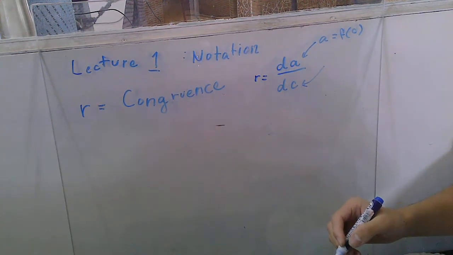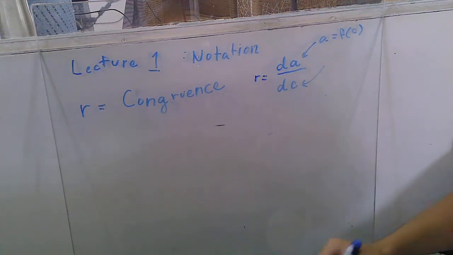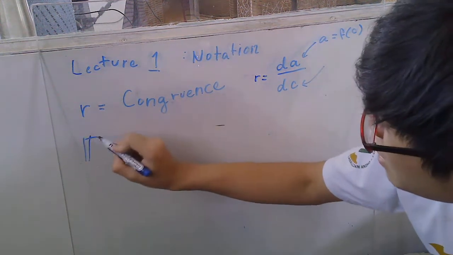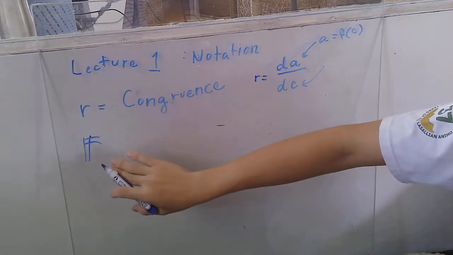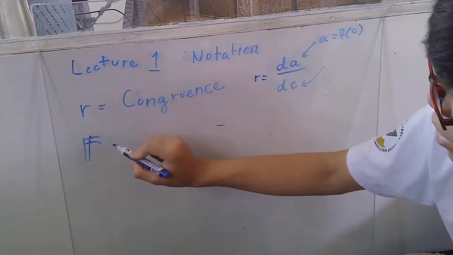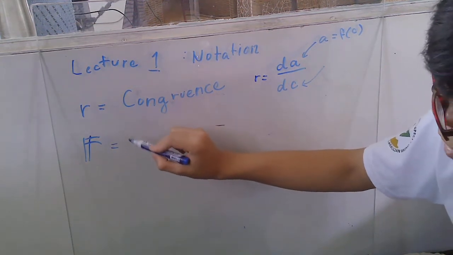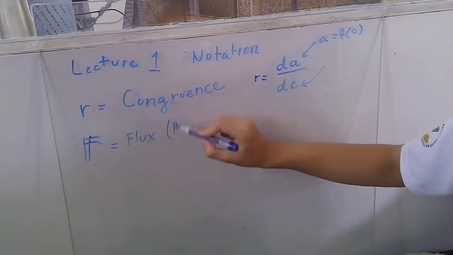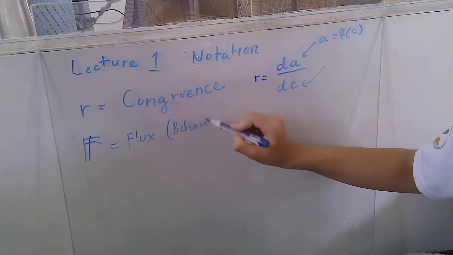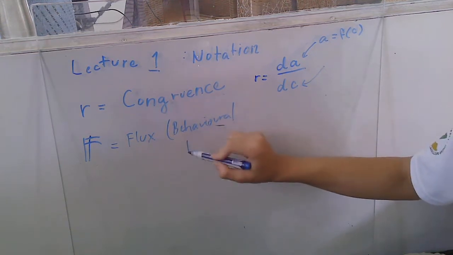Next we have flux, which is a boldfaced letter. And this is not flux like the flux that we know in physics. This is what I'd like to call behavioral flux.